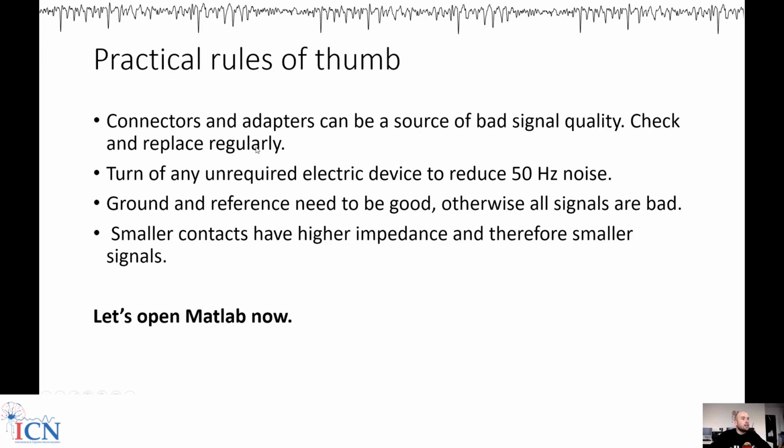Then ground and reference need to be good. Otherwise, all signals are bad. That's what we discussed about, for example, mastoid or earlobe reference. If that disconnects at some point, you will not be able to recover any part of your recording from the time point the reference lost touch. And of course, the ground should also be a low impedance electrode.